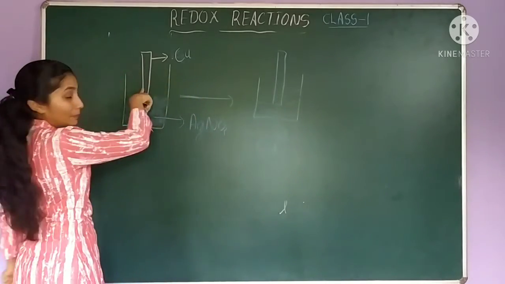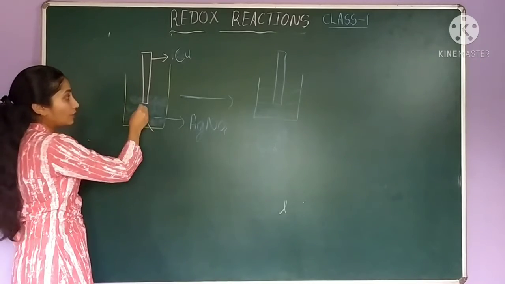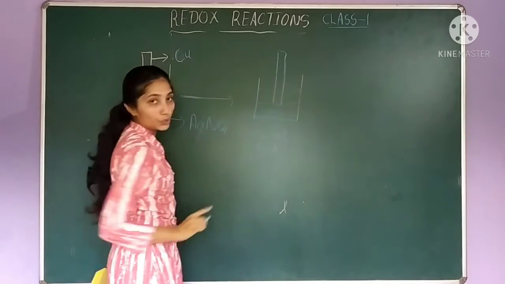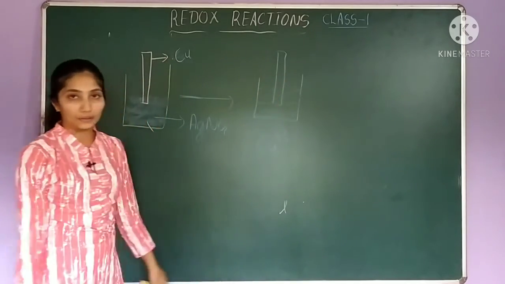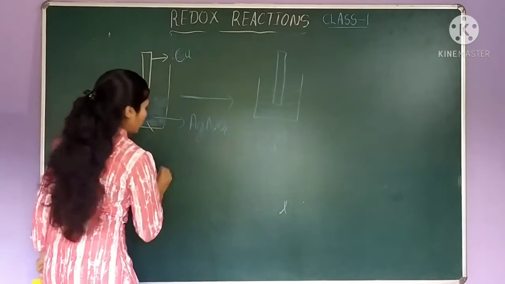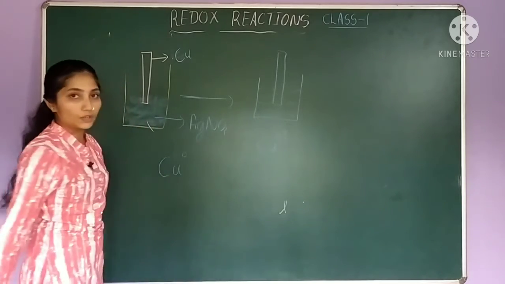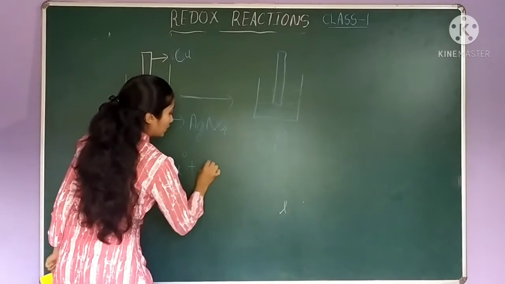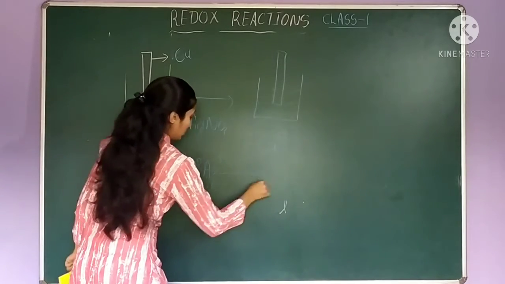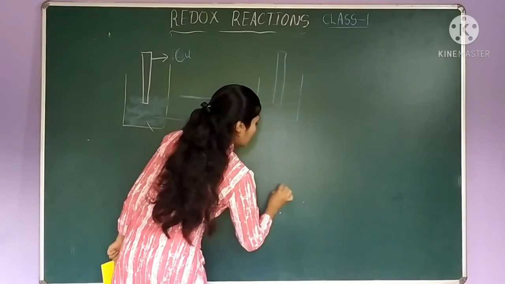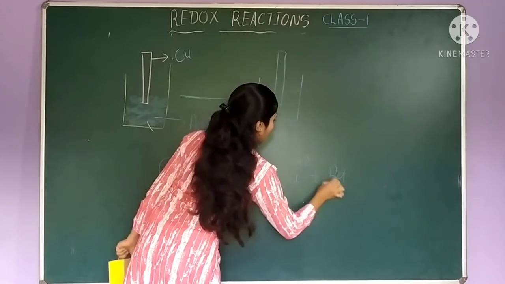I dip the copper rod, and after a certain time what will happen? Copper will enter into solution state and silver will deposit on this rod. Initially Cu was at 0 oxidation state, and 2Ag plus will form Cu plus 2 plus metallic silver.